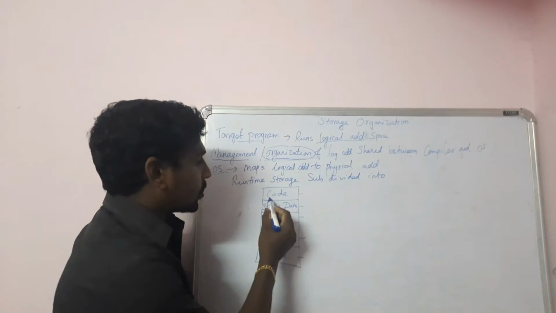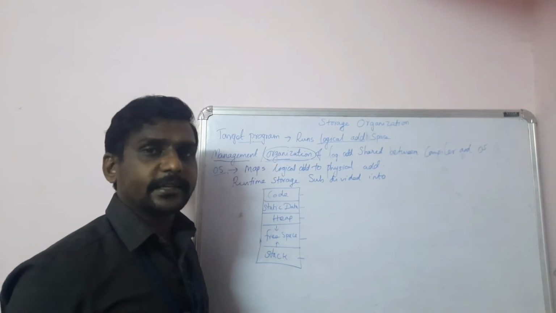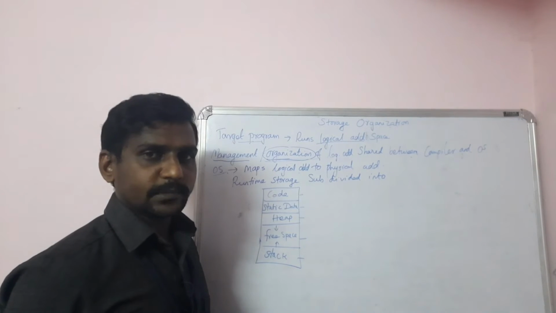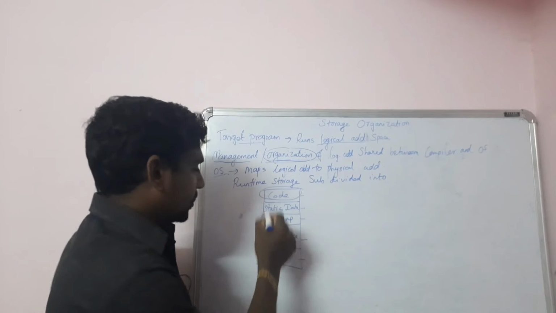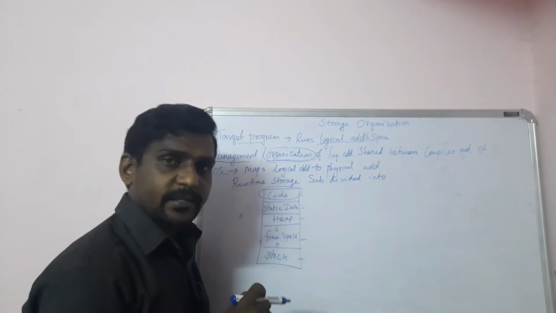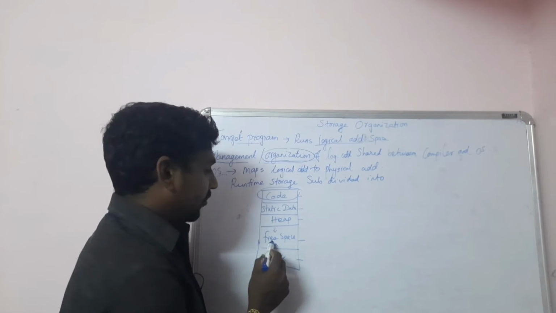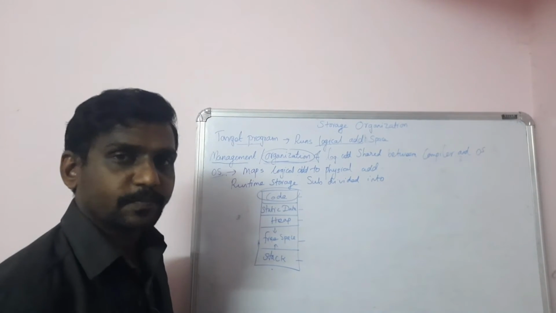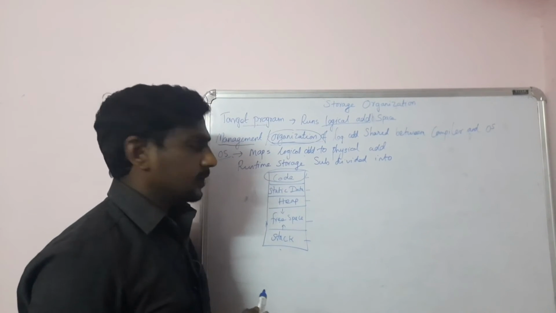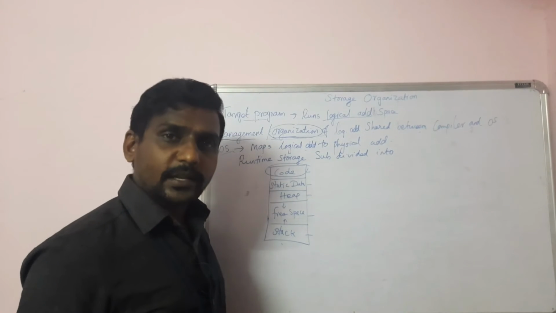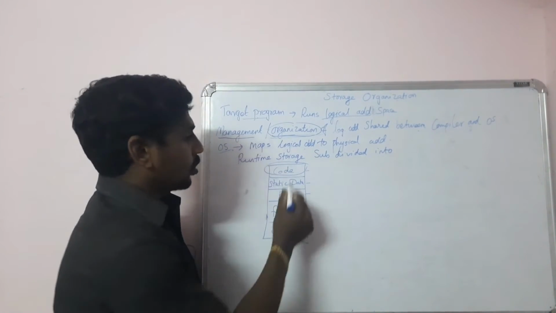You should know this diagram. First one is code space, second one is static data, third one is heap allocation and free space, then stack allocation. Code space is where the programmer or compiler writer will save the code.